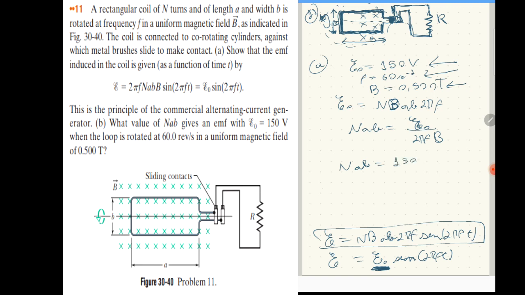So this is 2 pi times 60 second minus 1, and you have to notice that second minus 1 equals hertz. This is the same unit. And the magnetic field is in Tesla, and you may notice that the quantity you obtain has to be in meter squared, because this is length and this is also length, and this is dimensionless.